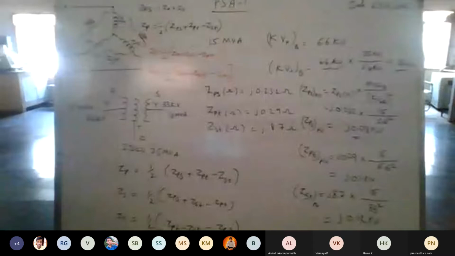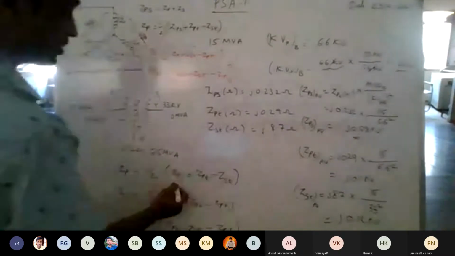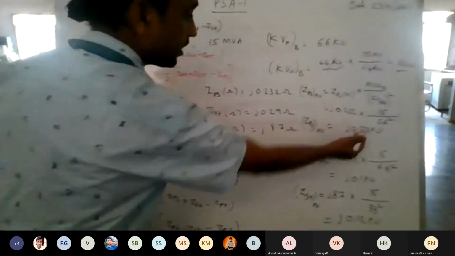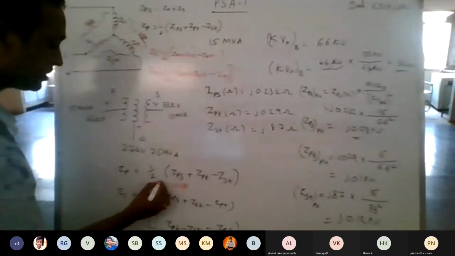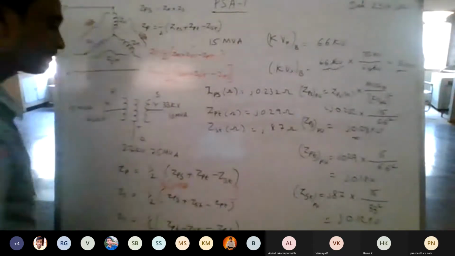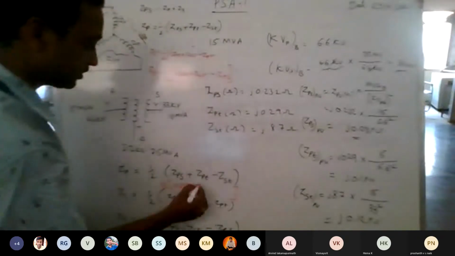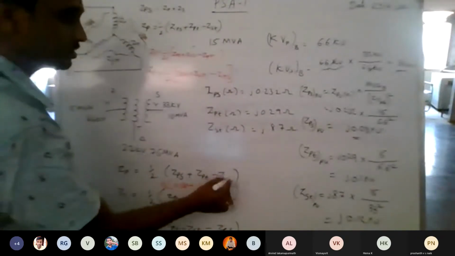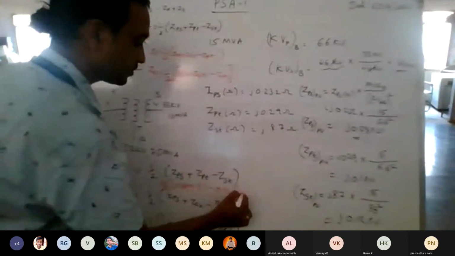Substitute the per unit values. What is ZPS per unit? J 0.08. Take J common, J by 2 into 0.08 plus what is ZPT? 0.1, minus ZST is 0.12. Calculate it.